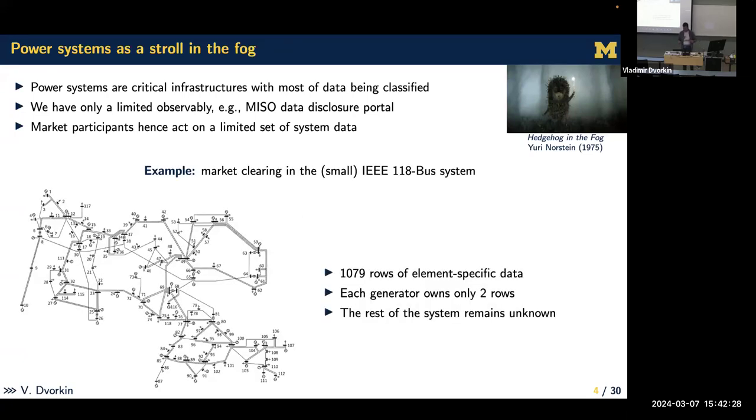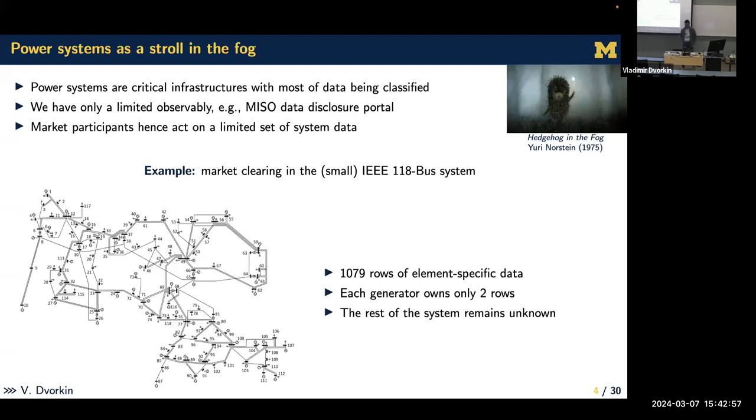Just to give you an example, here we have a standard IEEE 118 bus system, and we would like to solve a dispatch problem for 1 hour of the day. The file of data that collects all necessary data to solve this problem includes 1,079 rows, right? Here on the system, you see a lot of participants like loads or generators, depicted by voltage sources.